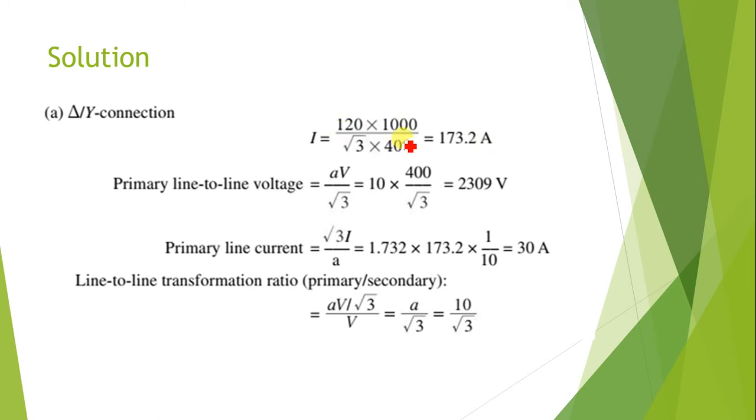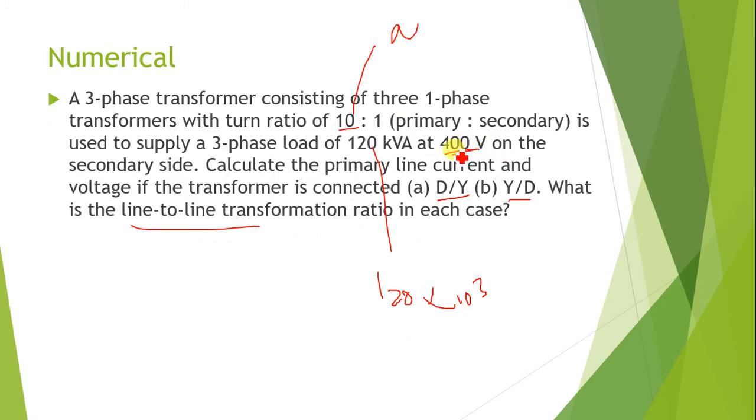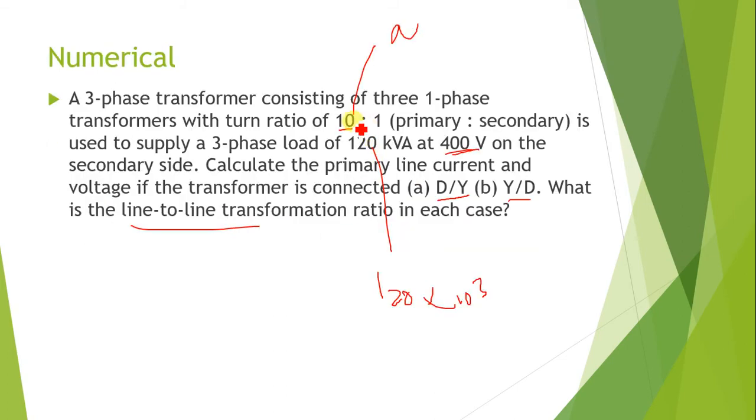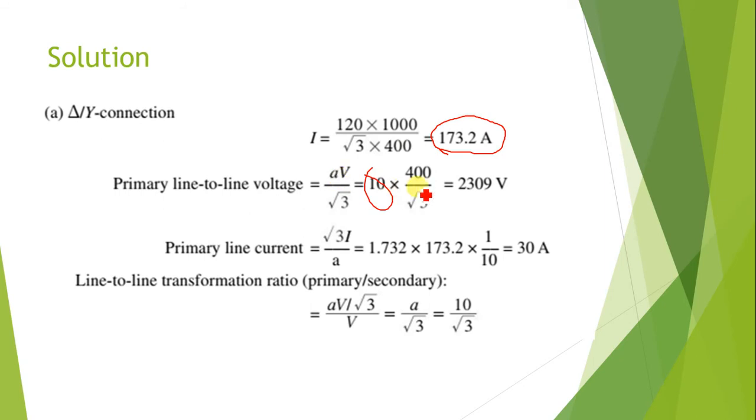That is 120 into 1000 divided by root 3 into 400. I is equal to P by root 3 V, which is equal to 173 amperes. So primary line to line voltage is equal to A into V by root 3, that is 10 into 400 by root 3. 10 is given as the turns ratio. That is 2309 volts, which is the primary line to line voltage.